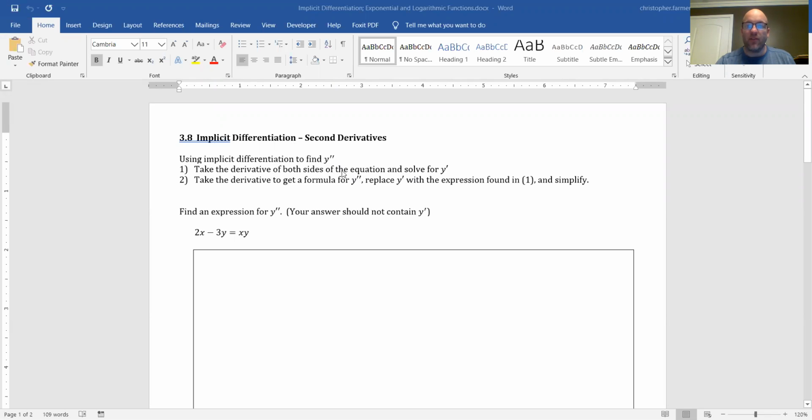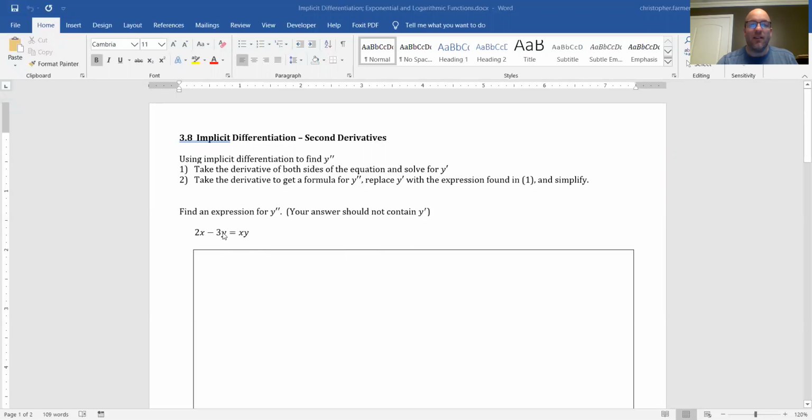The only extra tricky thing here, beyond the fact that the first derivative is usually a little bit more complicated than the original equation, is that if we have a formula for the second derivative, we don't want there to be a y prime in that formula, because otherwise we have to go through the whole process of figuring out what y prime is. So as you take that derivative, you are replacing y prime with whatever you found in the first step, and then of course simplifying as much as you can.